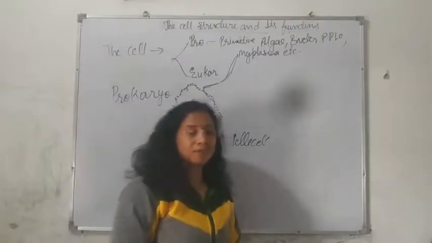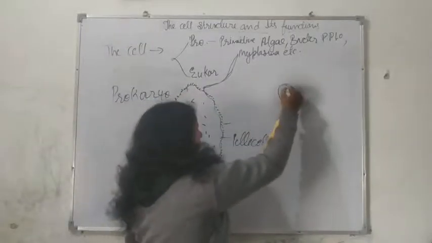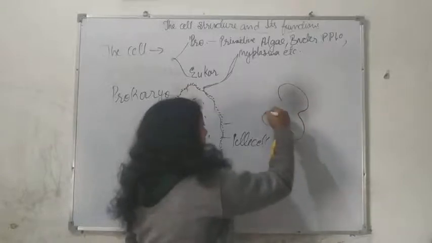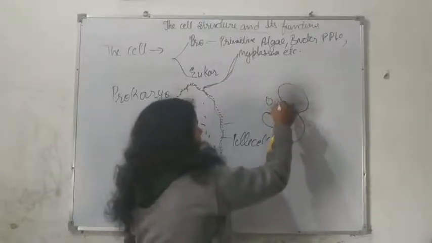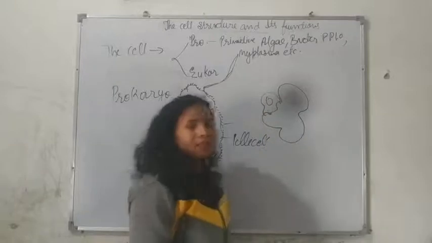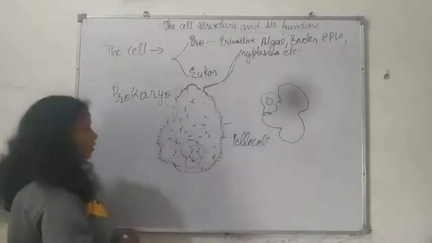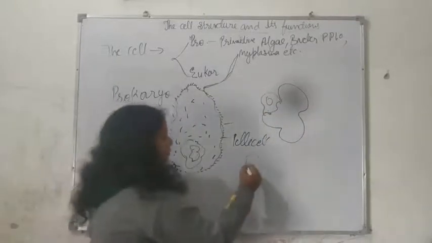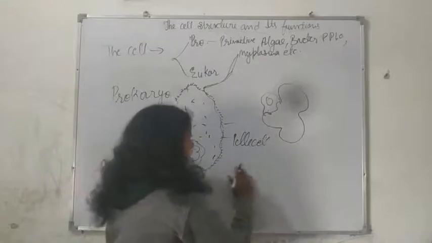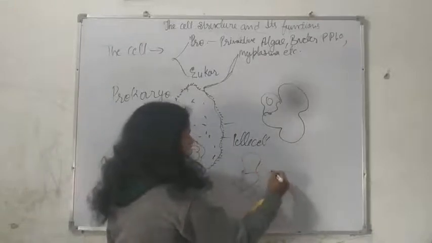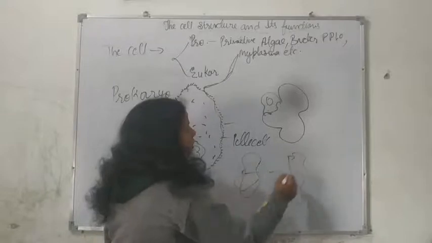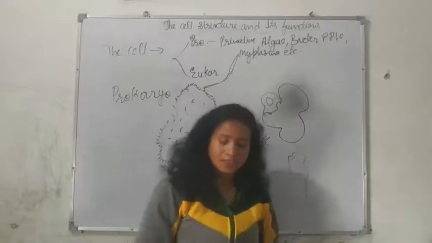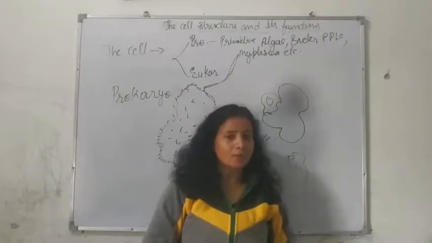For food, invagination or phagocytosis is present in the cell, and they reproduce by binary fission, multiple fission, or by fragmentation. This is the typical prokaryotic structure.